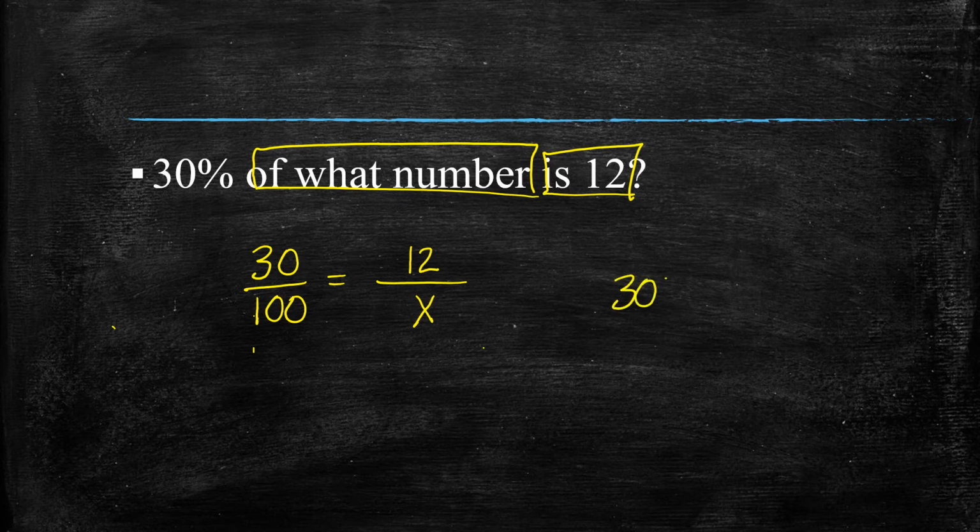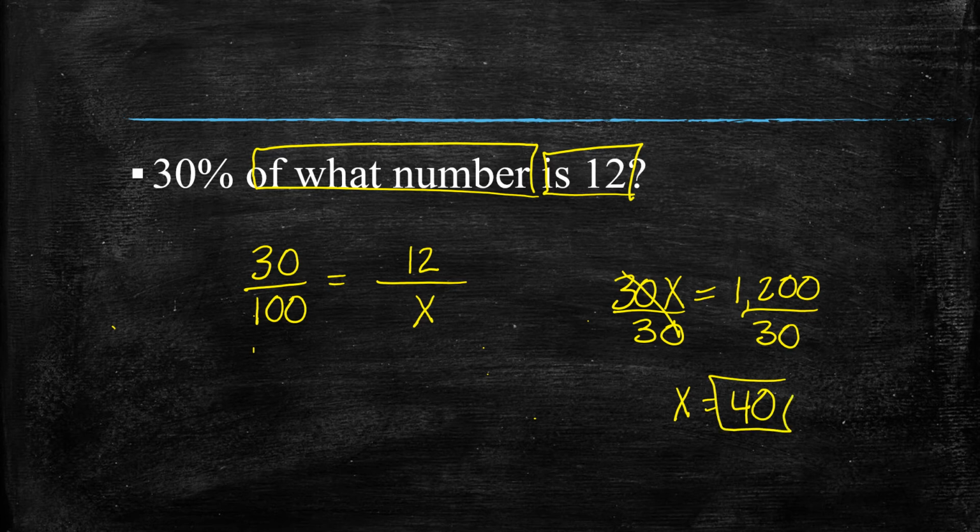That leaves us with 30 times x, which is 30x, and 100 times 12, which is 1200. We divide by 30 on both sides of our equation. So 1200 divided by 30 equals 40. So 30% of 40 is 12.